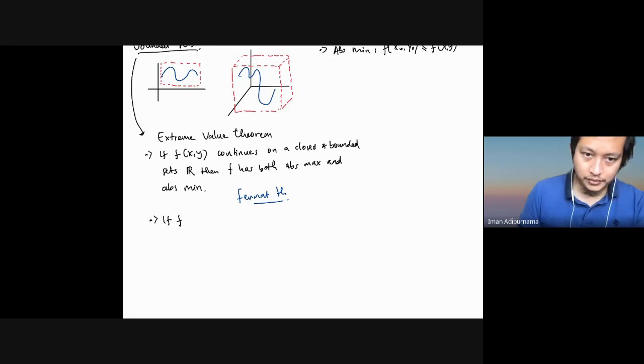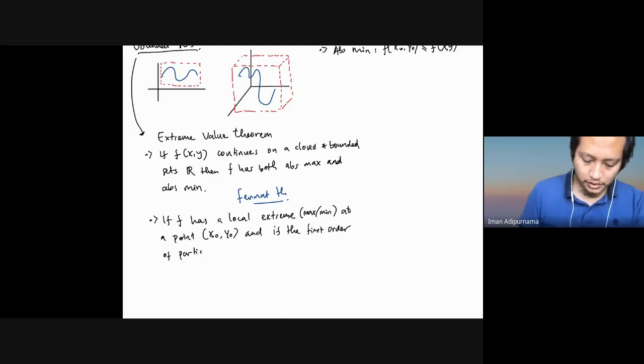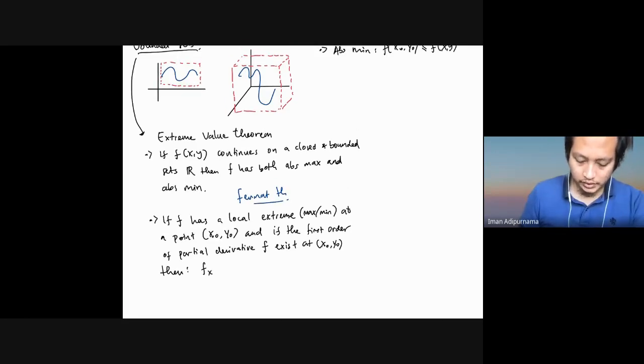So if a function has a local extreme, either max or min, at a point, let's say the point is x0 and y0, and if the first-order partial derivatives of f exist at this point, then we have a conclusion from the Fermat theorem that our first derivatives, in this case our first partials, will be equal to 0.